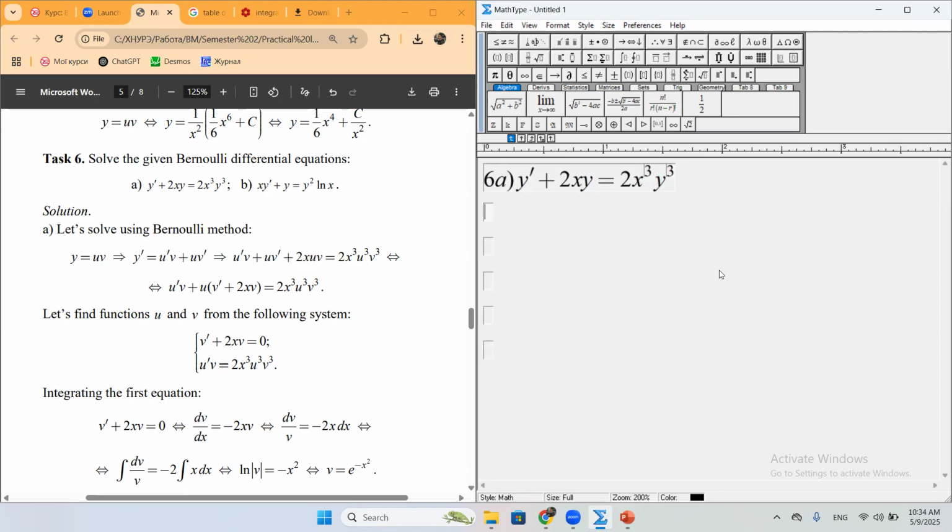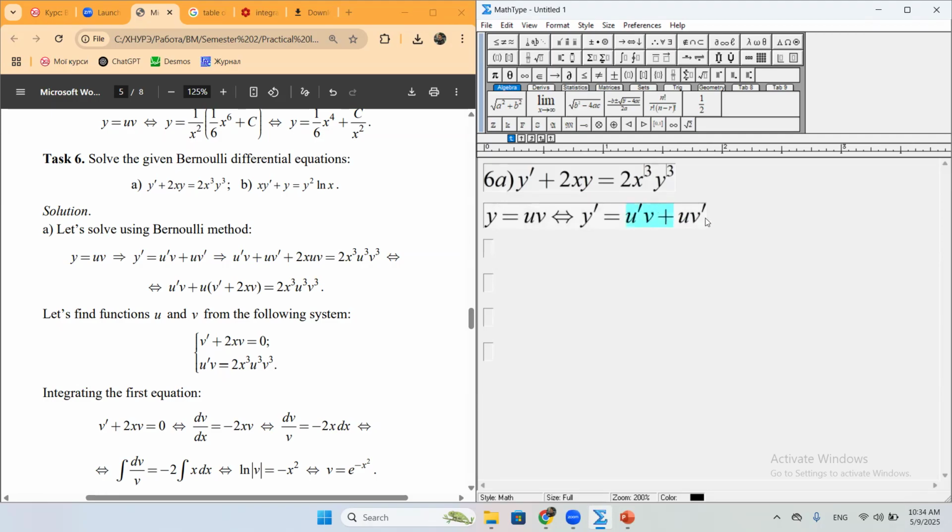So how to use Bernoulli's method? We write down y as a product of functions u and v. u and v are functions that depend on x. So y prime equals u prime v plus u v prime.